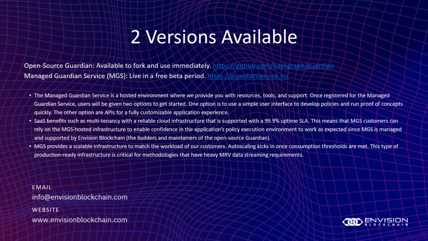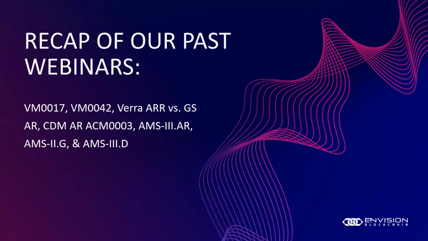As a SaaS solution, the Managed Guardian service offers several benefits, including multi-tenancy and a reliable cloud infrastructure. This means that users can rely on the MGS-hosted infrastructure to work as expected, ensuring confidence in the application's policy execution environment. So just a recap of our past webinars.